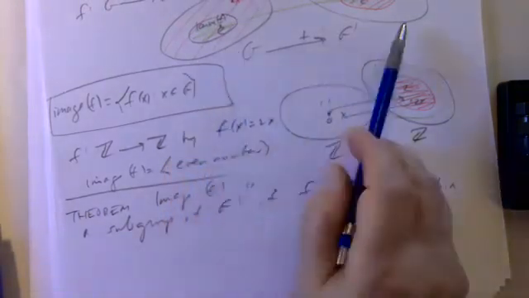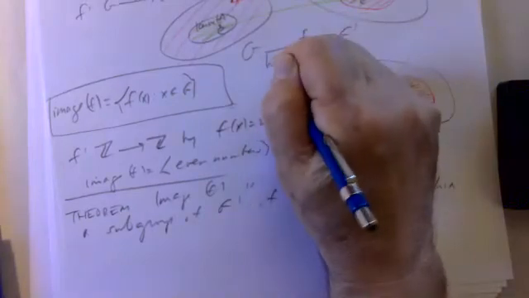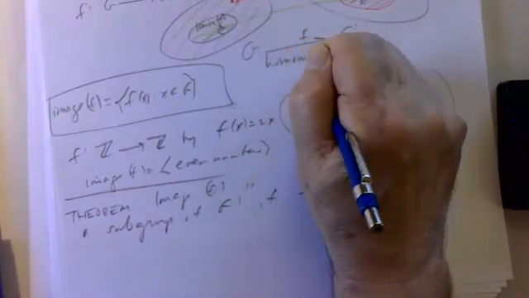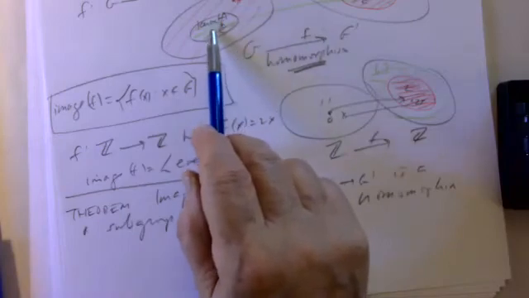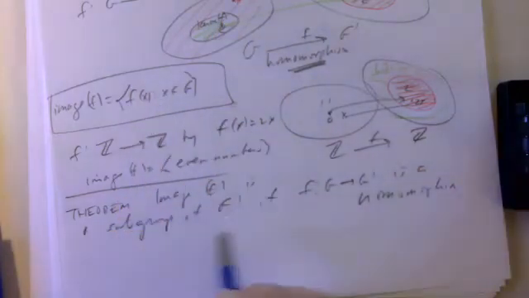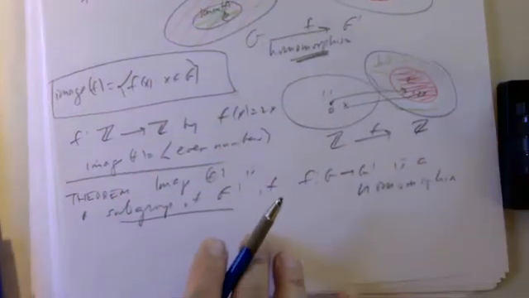So you have G being mapped to G prime by some function f, which we're going to assume is a homomorphism. And if you look at everything in G prime that comes from something back in G, that's what's called the image of f. And I claim this is a subgroup of G prime.